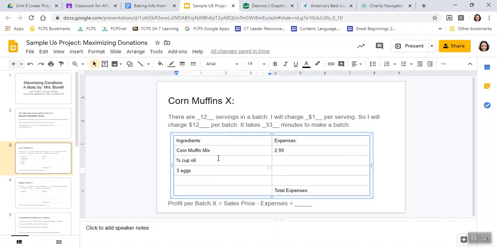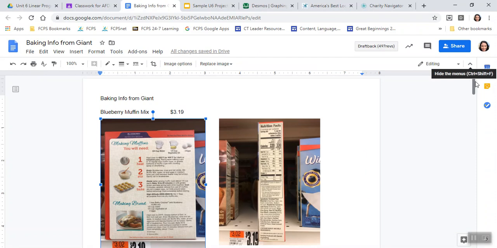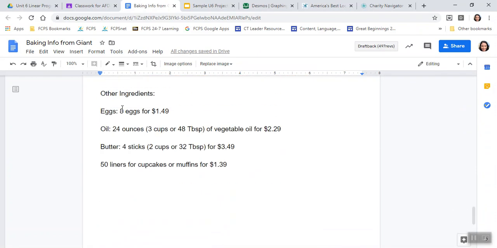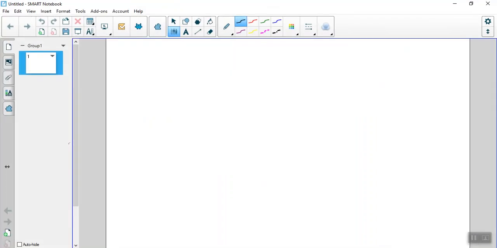Let's figure out how much that's going to cost. If you go back to the baking info and you scroll all the way to the bottom, you can find prices. Now this here is the price for 3 cups of oil. So I know the price for 3 cups of oil, $2.29, and I'm going to just do a little bit of math now. So 3 cups of oil is $2.29.